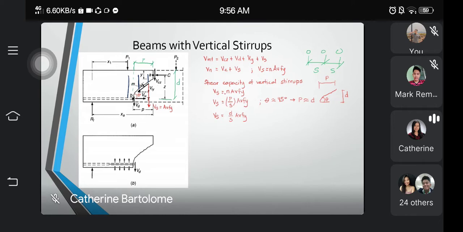So how about for the nominal strength? That is just for the shear strength. How about for the nominal strength Vn?